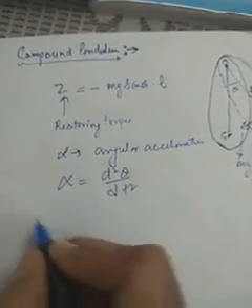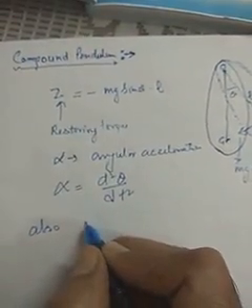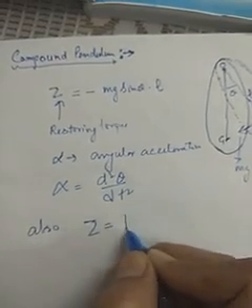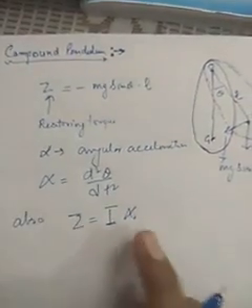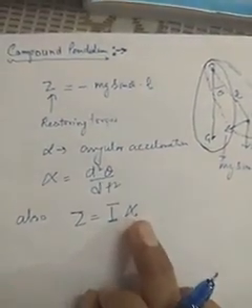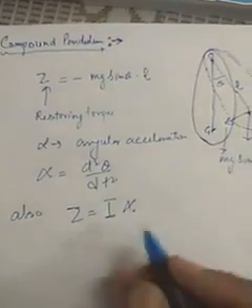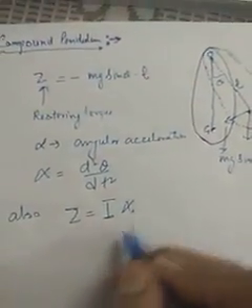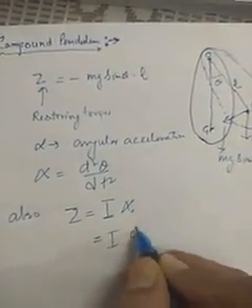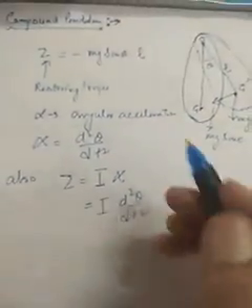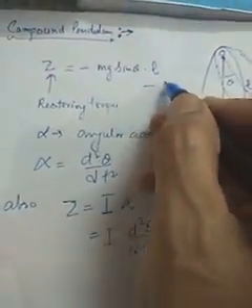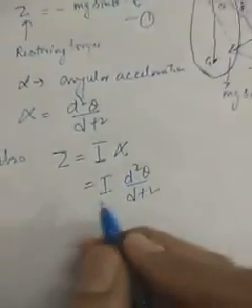Also, in rotational motion, we know that torque is the product of the moment of inertia I and the angular acceleration alpha, or it can be written as I d square theta by dt square. Let this be equation number 1. Substitute for torque from this expression.